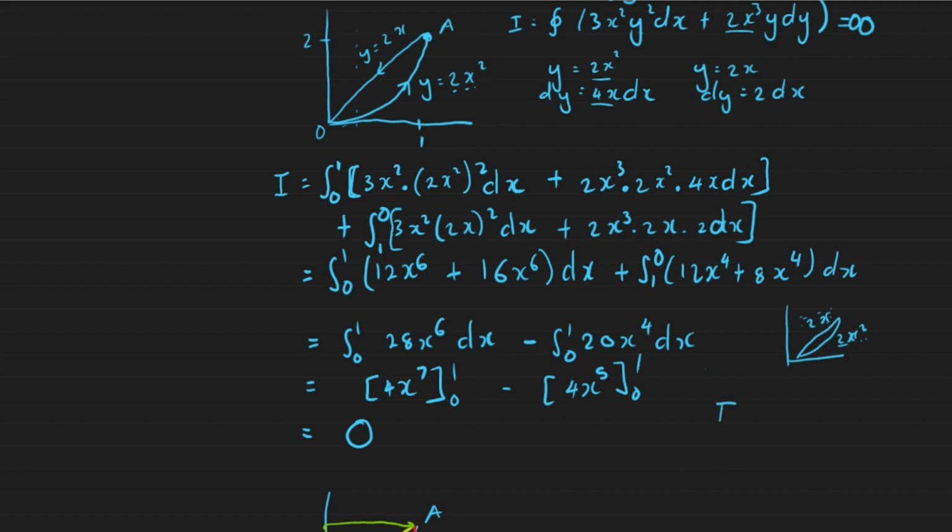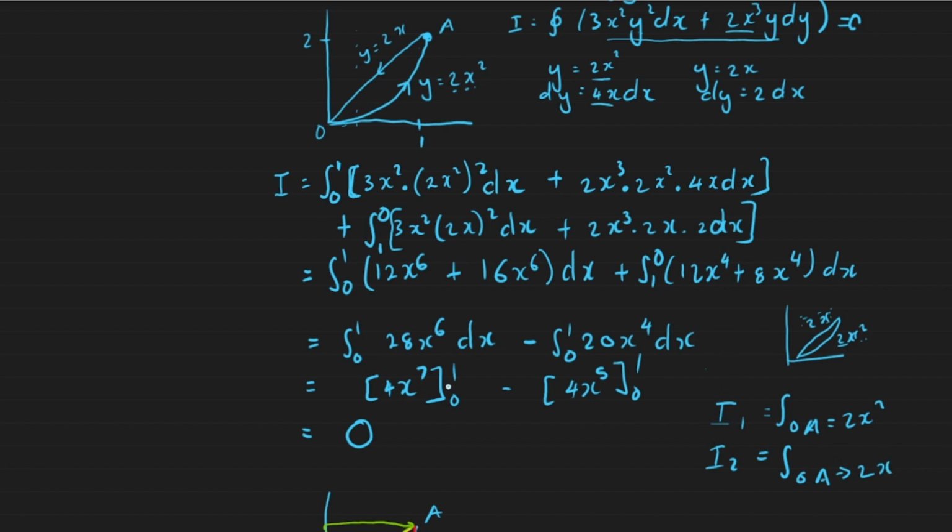So let's just say I1 is along the path O to A of this function. And let's just say I2 is the integral also from O to A of this other function along y equals 2x squared. It's not actually equal to, but we're just using it as an indicator to show what we mean.